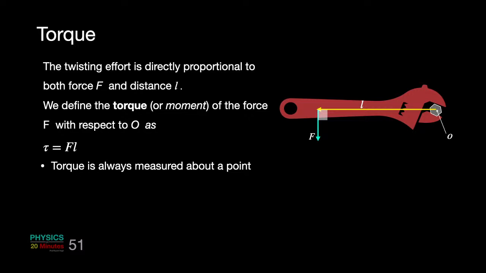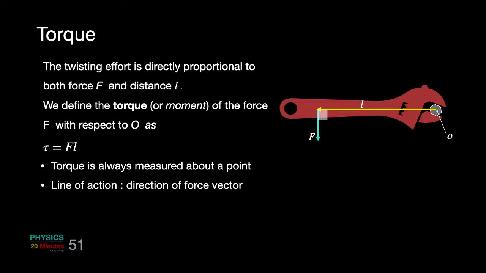In our case, this point is the one about which the rotation is being induced, and that point is O here. But in general, it can be any point. We will see more details on that when we solve the problems.